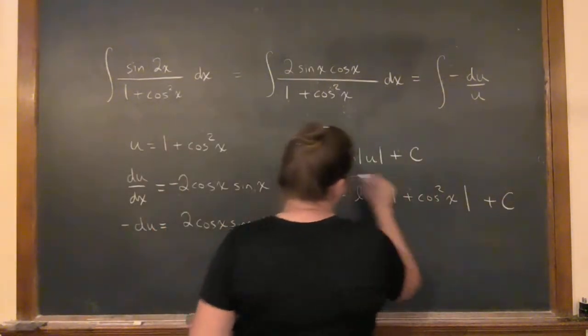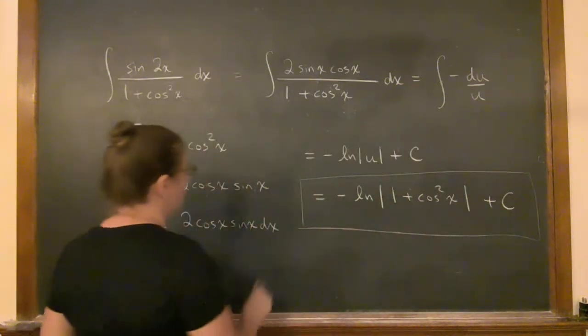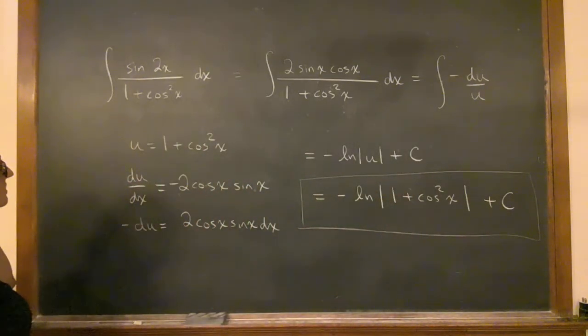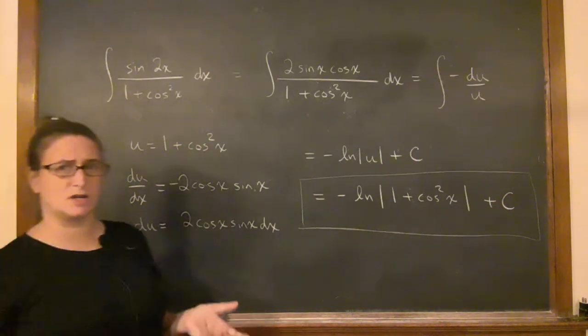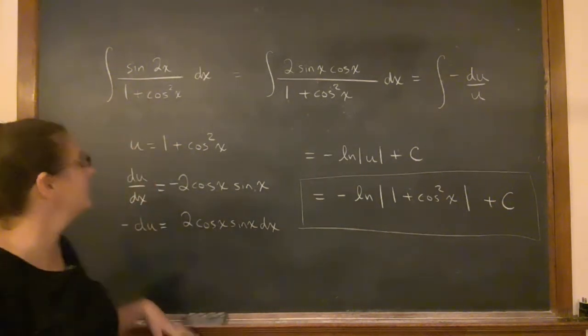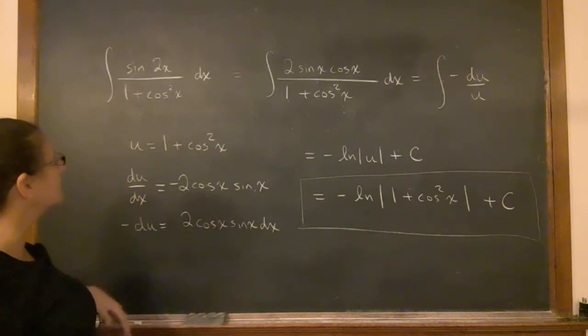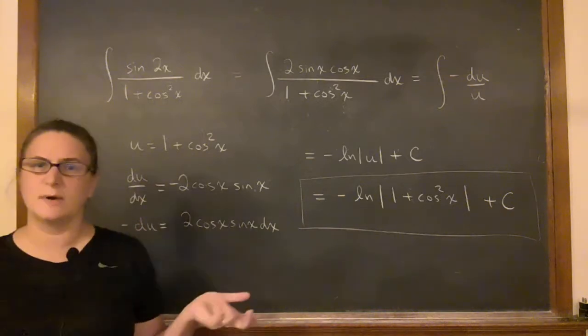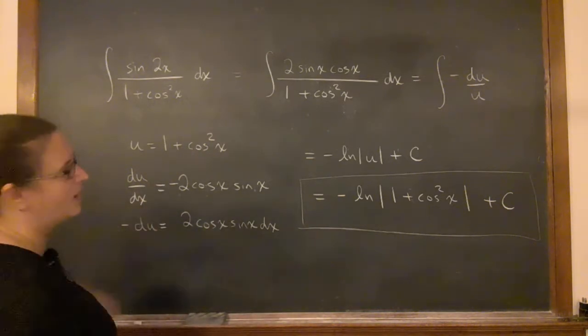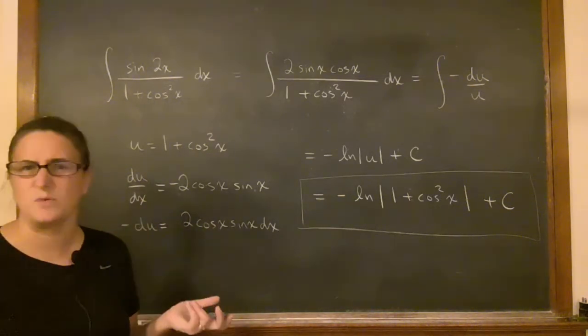Is there any other way to do it? Possibly. Like when you've got trig functions, there's other stuff you could do. I could change cosine squared x to something with cosine 2x, whatever. I don't remember those though, so I'm not going to do it.